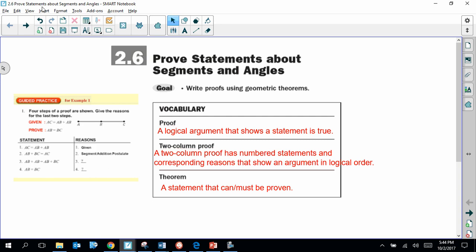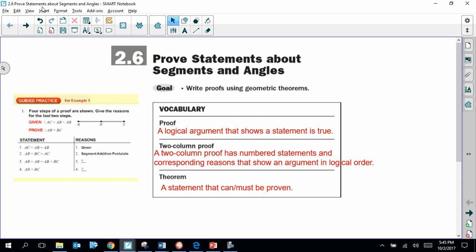And on the right side are the reasons for those statements. What you see in the image is just a very basic two-column proof that says we have some given information and we want to prove why something is true.